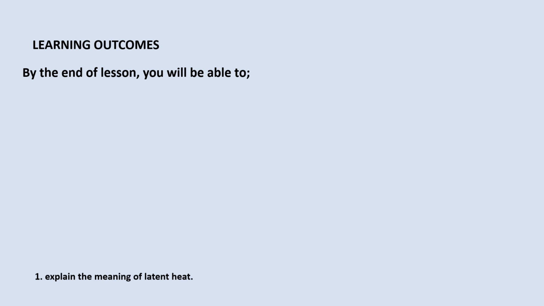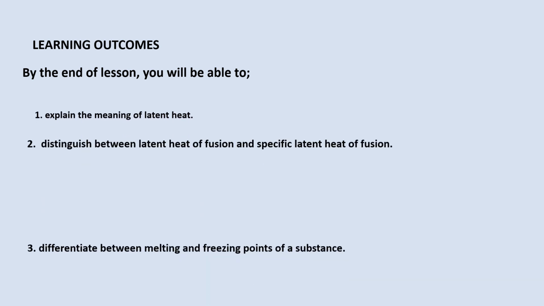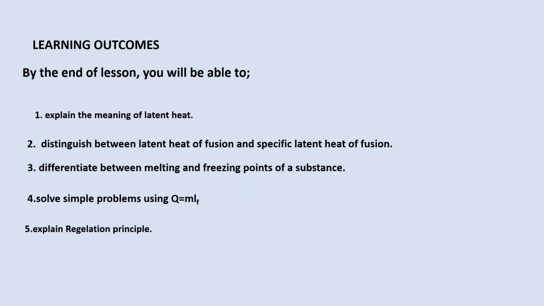So let's look at some of the learning outcomes in our class today. By the end of the lesson, you will be able to: 1. Explain the meaning of latent heat, 2. Distinguish between latent heat of fusion and specific latent heat of fusion, 3.